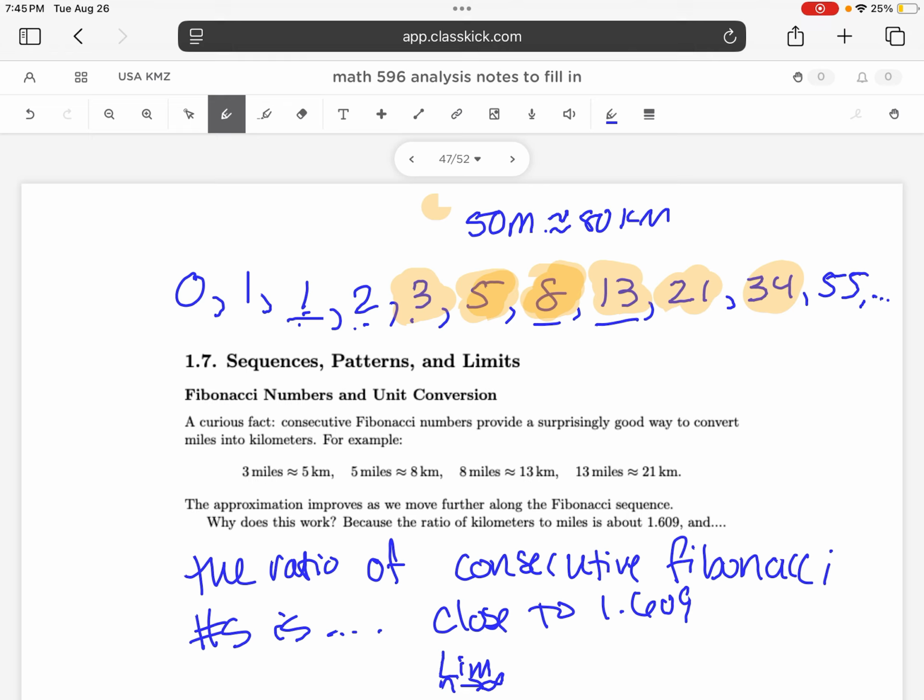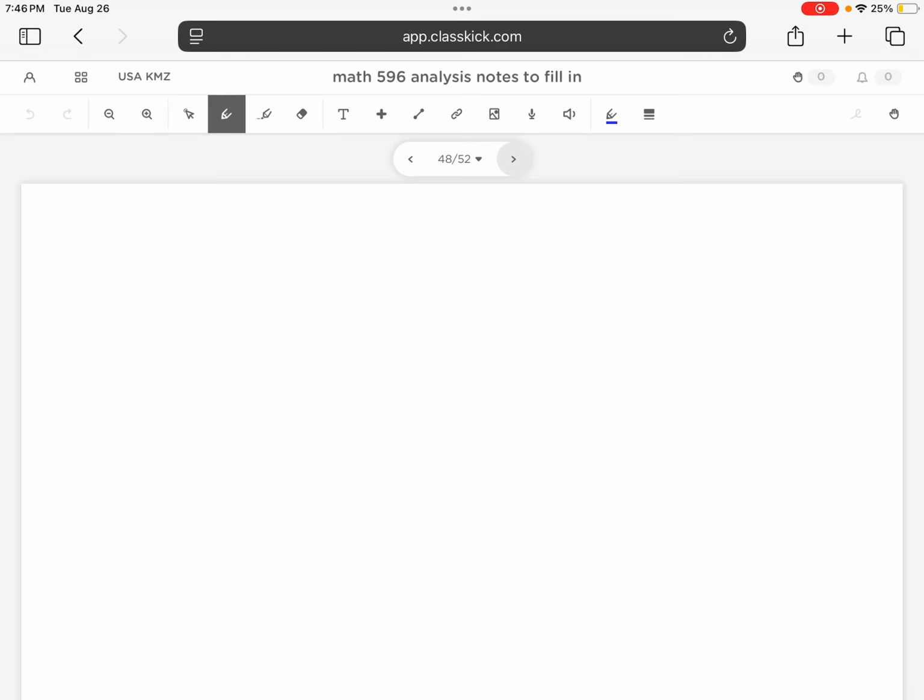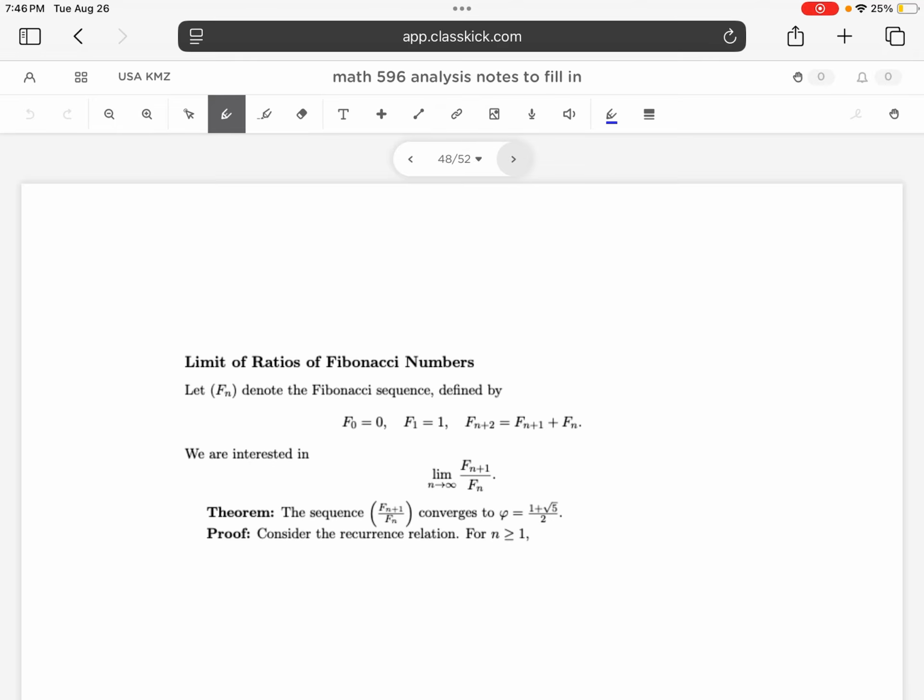So if I want two consecutive Fibonacci numbers, maybe I'm looking for something like f sub n plus 1 over f sub n, in order to say the ratio of a larger Fibonacci number over the one directly below it, the one that comes directly before it. And so if we can show that this limit not only exists, but that it is roughly equal to this 1.6 that we're looking for, that would justify why we're seeing this fun little fact about Fibonacci numbers and the miles to kilometers conversion. So let's see if we can justify this.